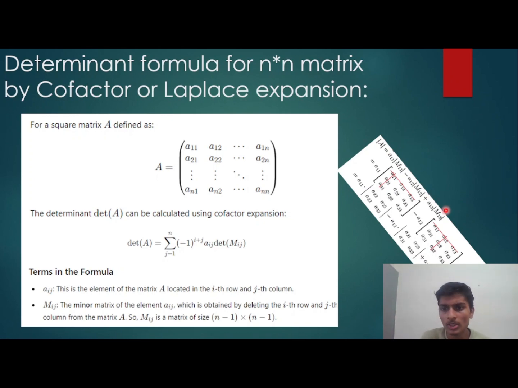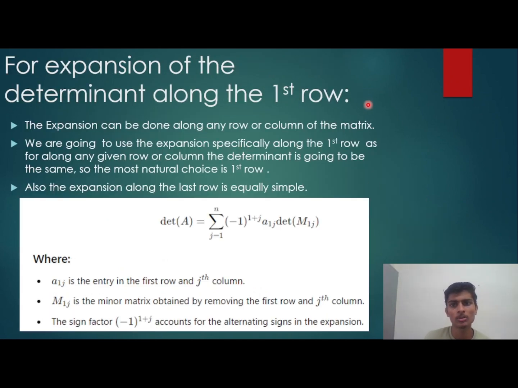For the first element, a11, the minor matrix comes when we delete the first row and the first column, that is the matrix a22, a23, a32, a33, that's all. So that's simple. The minor matrix is formed by deleting the ith row and jth column, and we are going to do the expansion along the first row because it's simple.